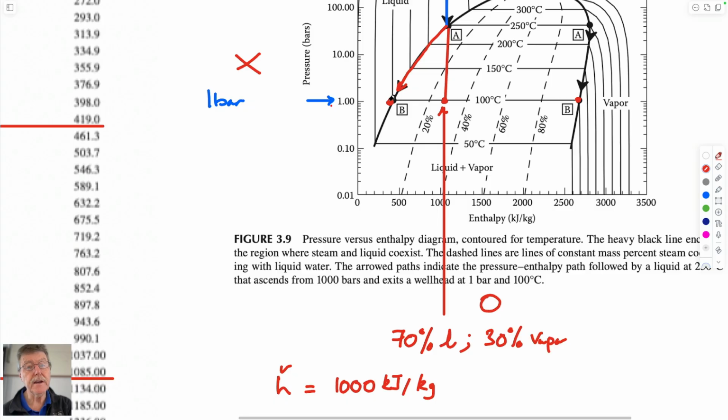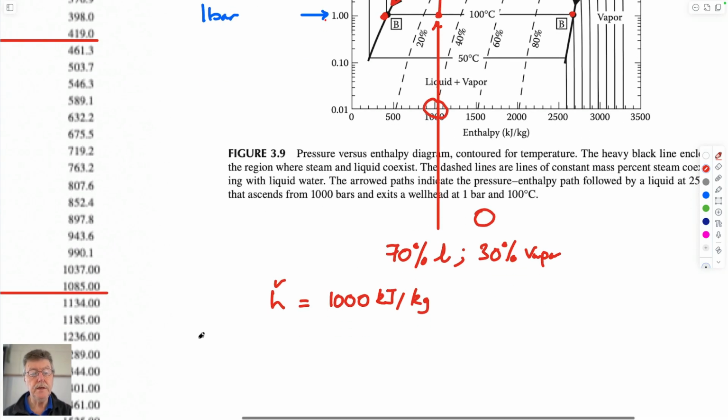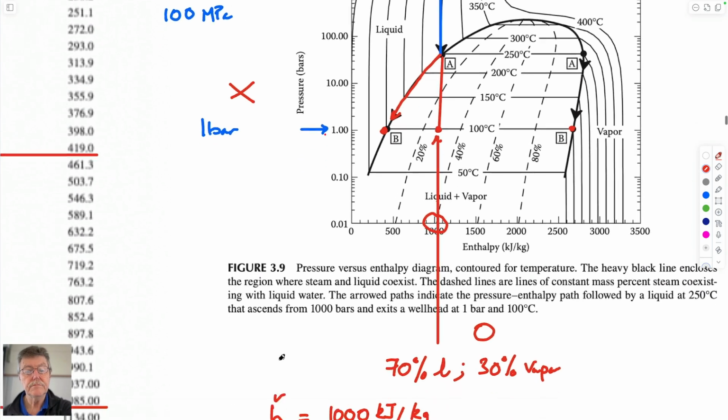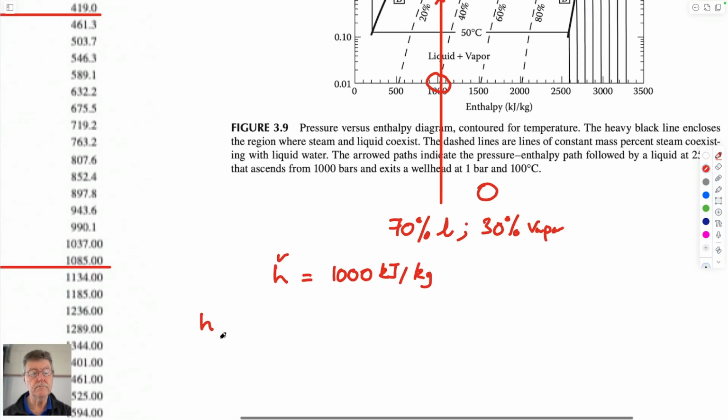If you don't have this figure, however, and you only know what this enthalpy is, and you don't know what these percentages are, you can get that from merely writing the magnitude of the enthalpy at this particular point. So it would be enthalpy at 100 MPa.